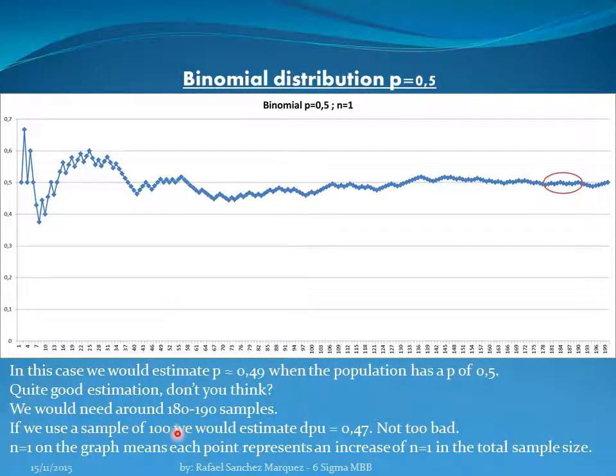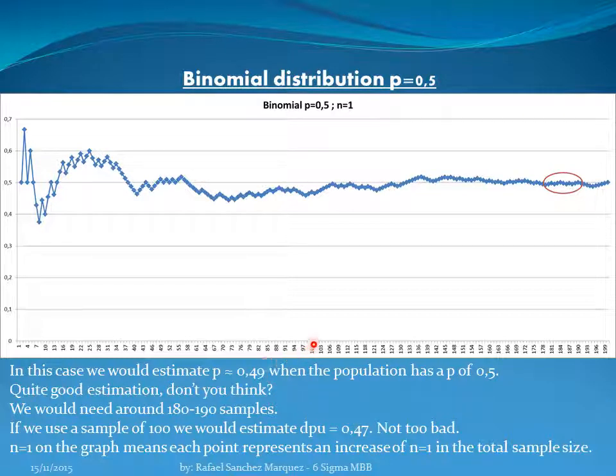Then the practical rule that tells us that for attribute data taking more than 100 would work a lot worse than with the Poisson distribution. In this case, the practical rule would have given us an estimation, as you can see here, of 0.47.